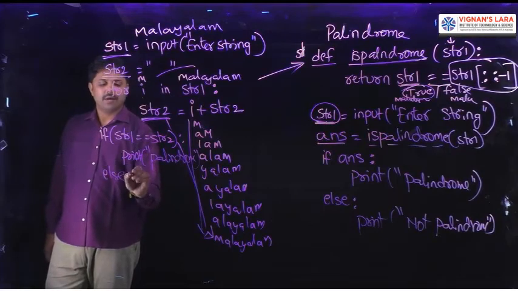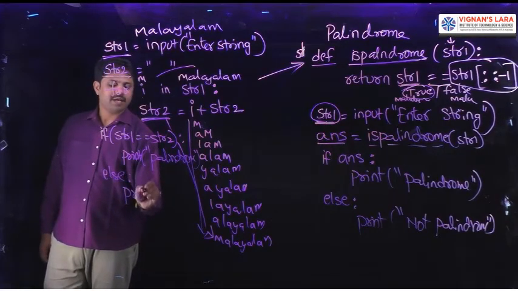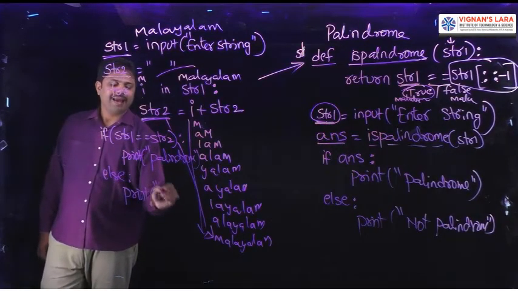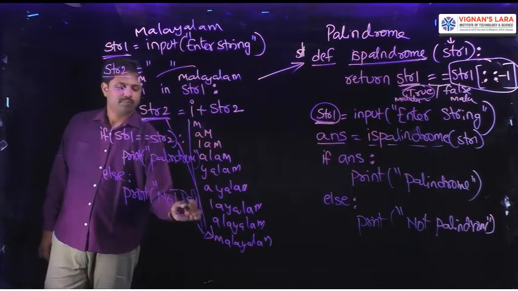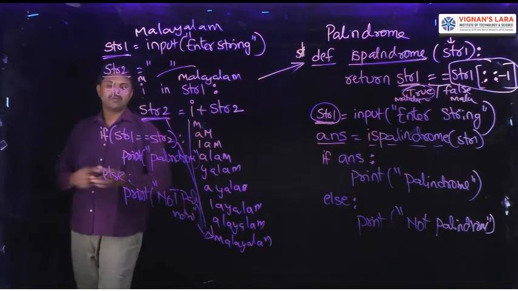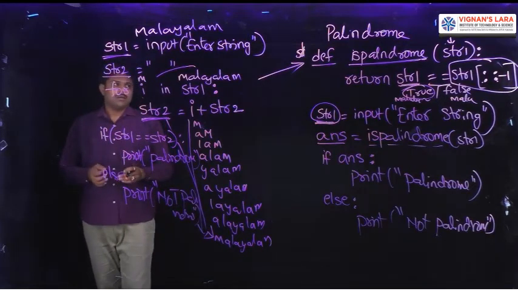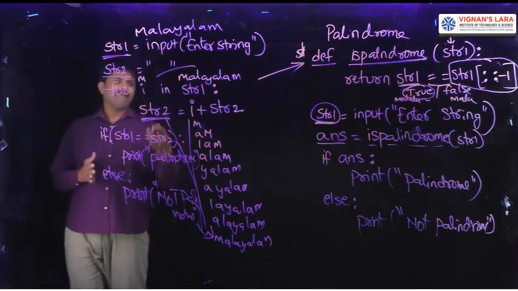Else, write a print statement not palindrome. You can use a statement like this. So like this you have different models.